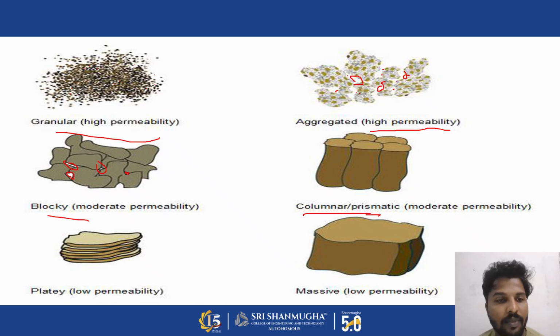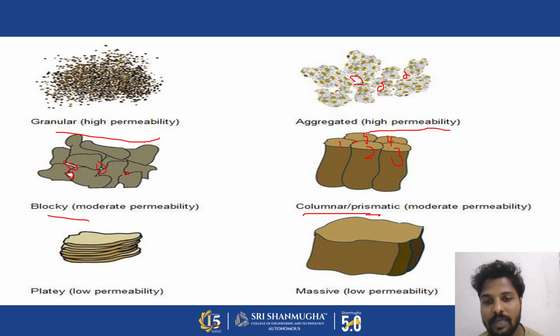In contrast, in the columnar prismatic, there are no or very little pore spaces seen between the two particles. If you assume this is particle 1 and this one is particle 2, likewise you can number each particle. This one is the fourth and fifth.